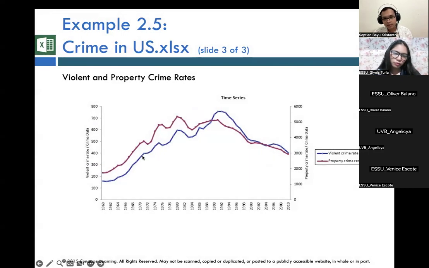Or you can represent it like this one, which is data about violent and property crime in the US from 1960 until the millennium. It represents values over time with yearly observations, more than 1 year or more than 3 years. So this is very suitable for representing your data using a time series chart.